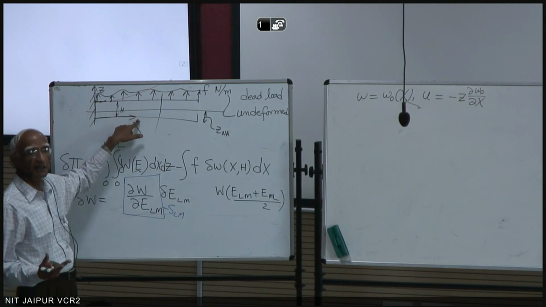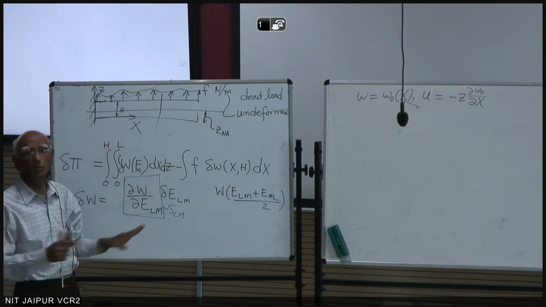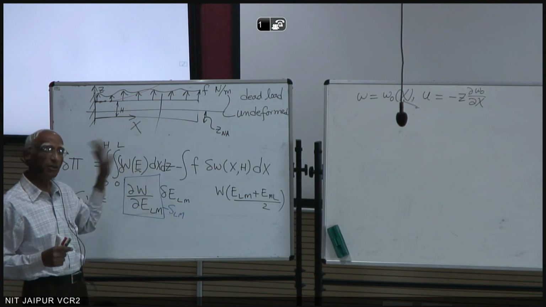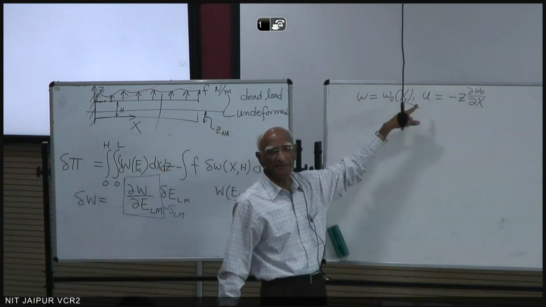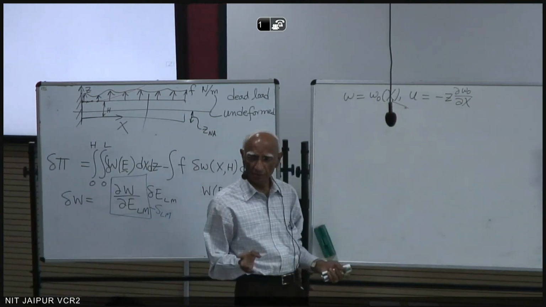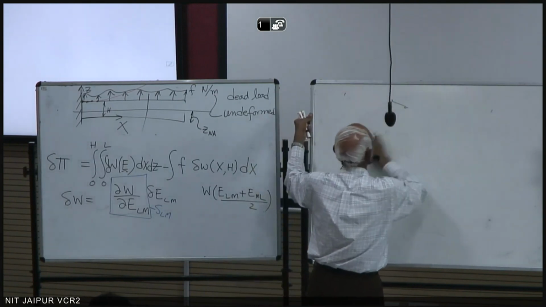I will get the same answer. So if we want to distinguish where the load is applied, then we need to modify these assumptions. So that's what we are going to do. We are going to not use these assumptions.